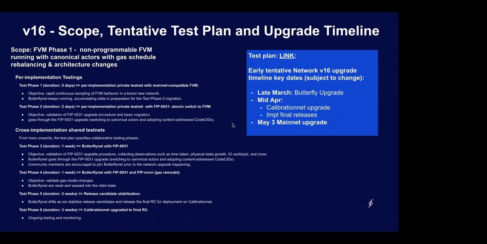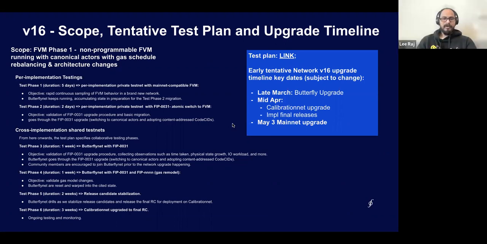Sorry, just wanted to ask a quick question as we're finalizing the NV16 upgrade. It looks like the FIPs that are going to be in the NV16 are 30, 31, and 32, the gas changes, or am I missing something here?